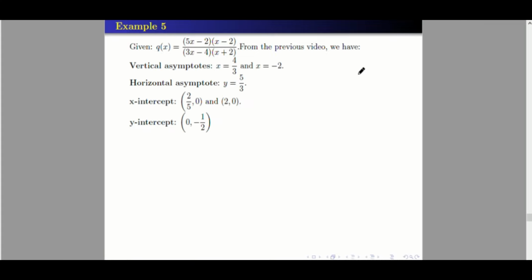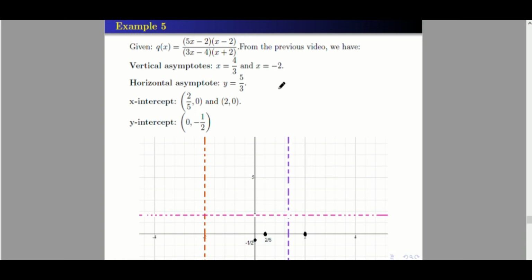Okay, last, given this expression, from the previous videos we have this information. So x equals positive 4/3, and x equals negative 2 here.